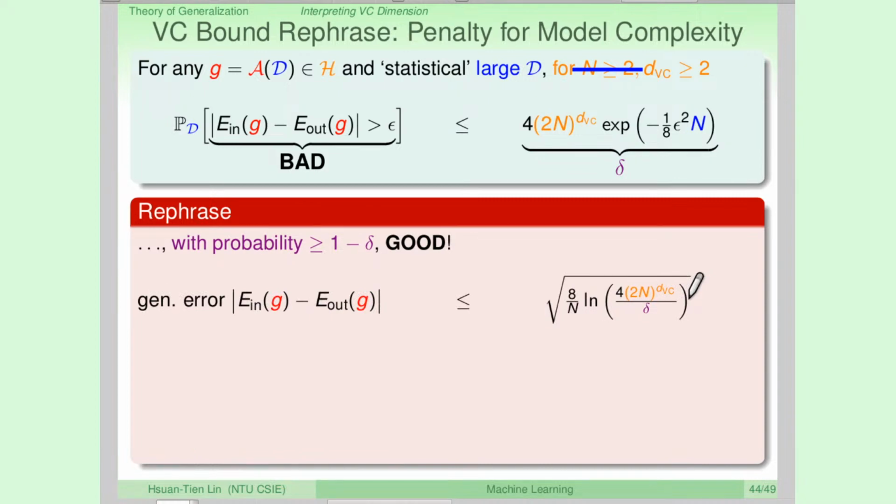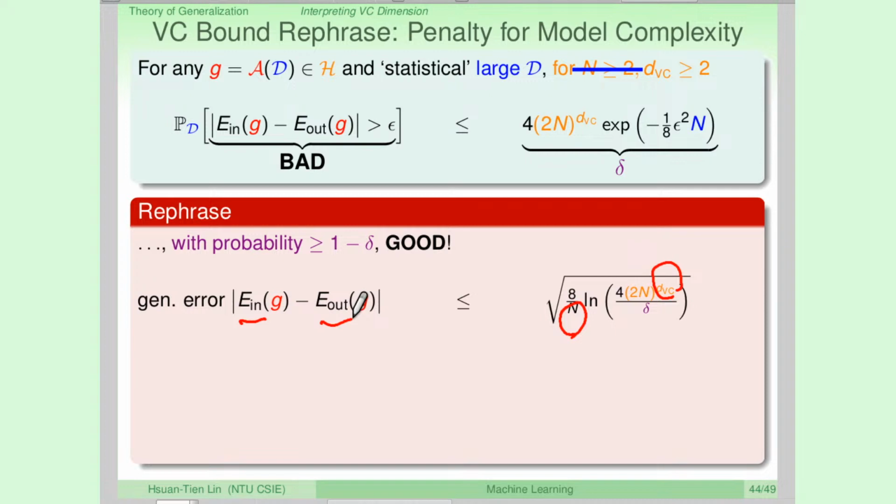Now, let's look at this term. The generalization error would then be upper bounded by this square root term and so on. If you have a higher VC dimension, it's harder to guarantee generalization. And if you have a large number of examples, then eventually this generalization complexity term would be close to 0 and so on, meaning you have E-in actually very close to E-out.